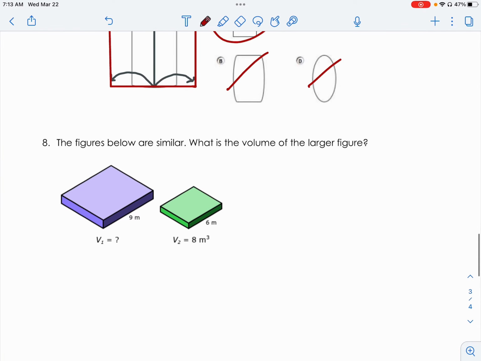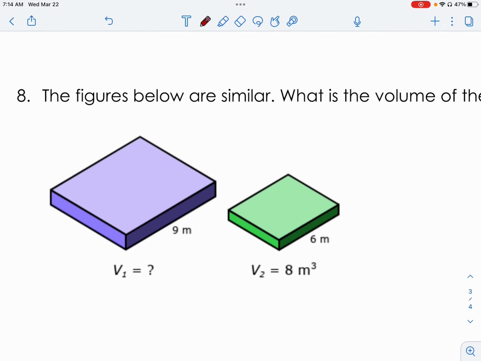The last problem here, figures below are similar. What is the volume of the larger figure? So first, we have to figure out, to go from green to purple, what is our K value? Well, 9 divided by 6, K value is 3/2.